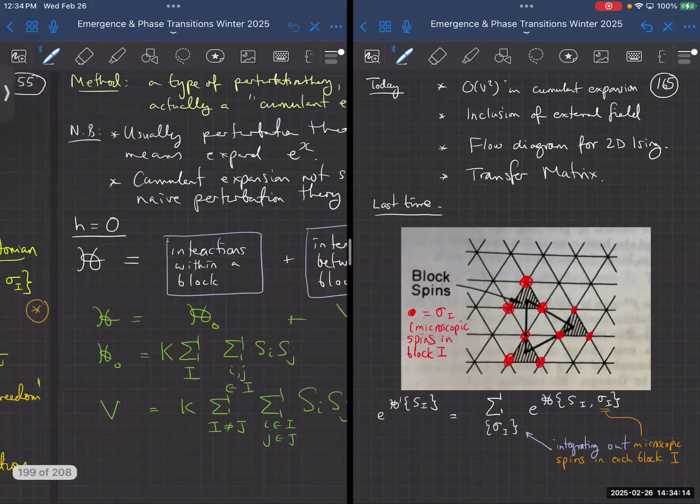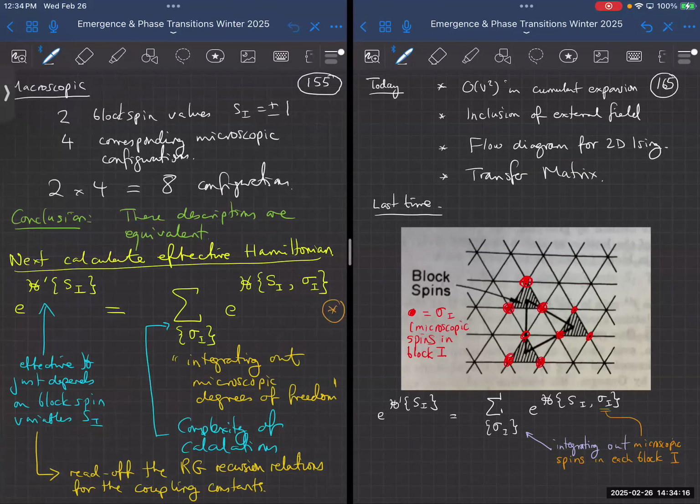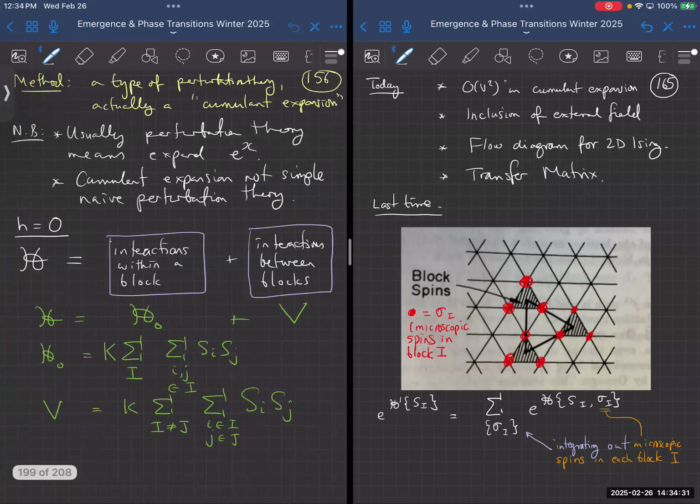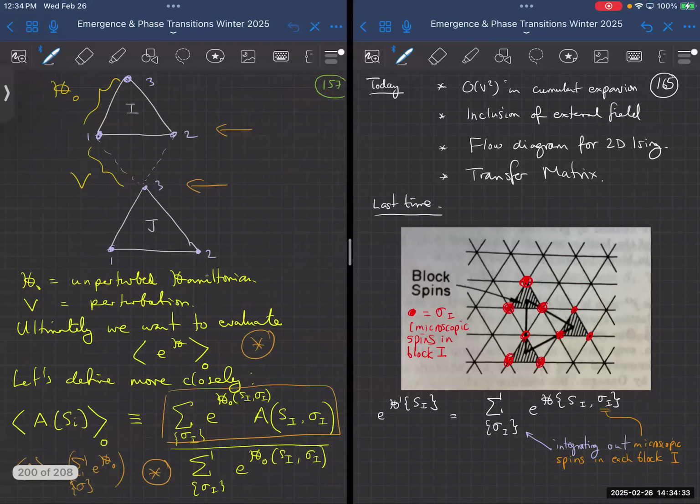So essentially, in computing what you see on the left-hand side, the integrating out of the microscopic degrees of freedom for the effective Hamiltonian, what we're essentially doing is computing the expectation value of the interactions between the block spins, which I called V. And so what we have to calculate is the expectation value of e^V.